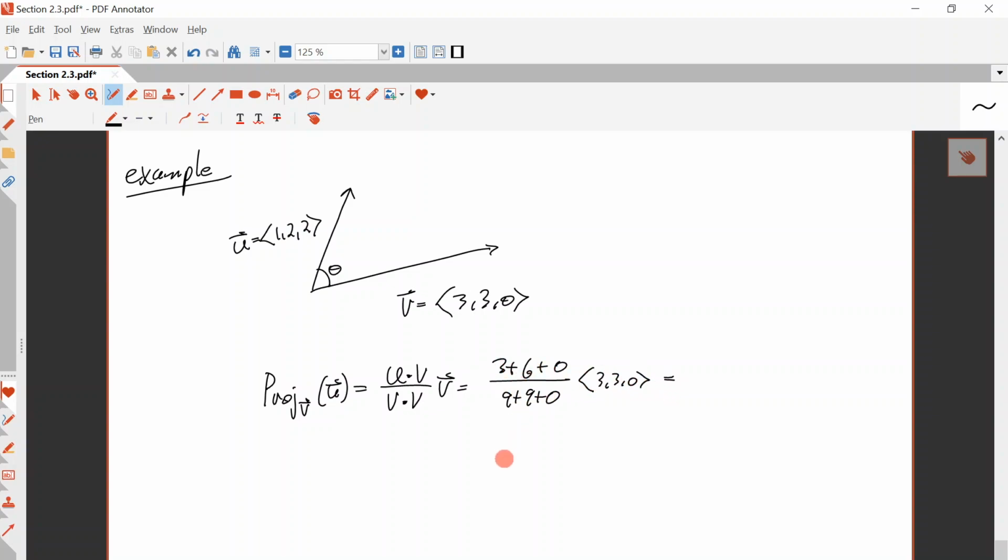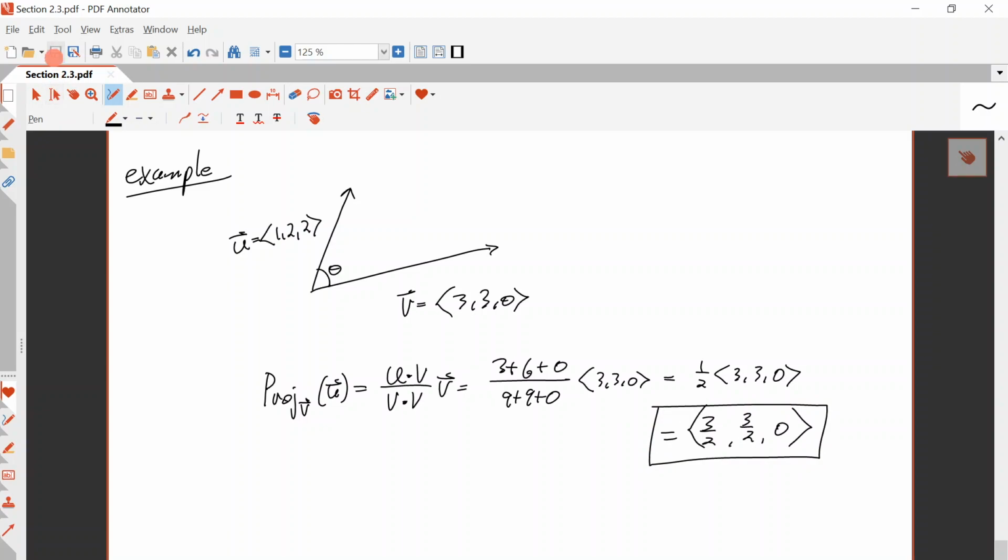So this is 9 over 18, right, which is 1/2. So this is equal to 3/2, 3/2, 0.